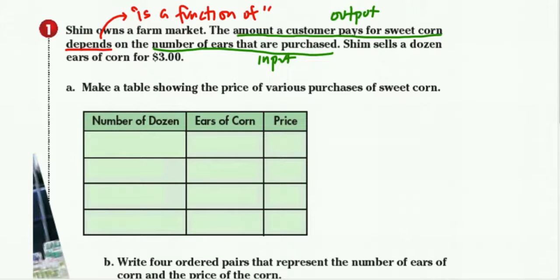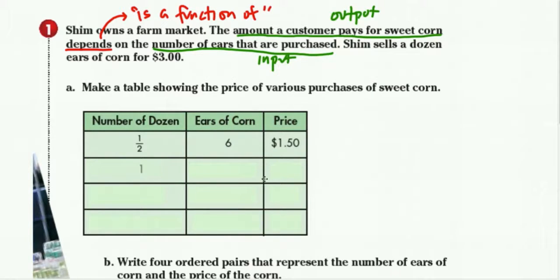Shim sells a dozen ears of corn for $3. Make a table showing the price of various purchases of sweet corn. If we have half a dozen, let's say 6 ears of corn, the price would be $1.50.